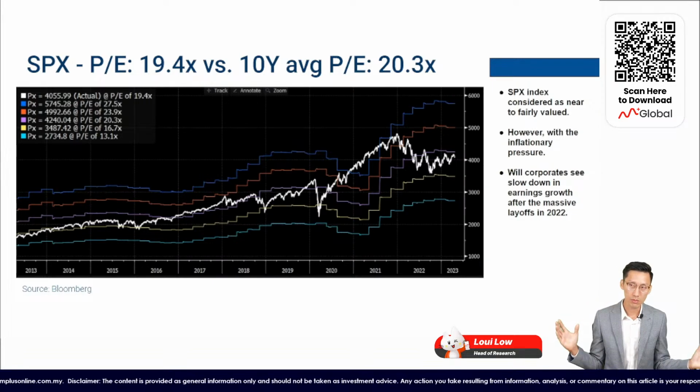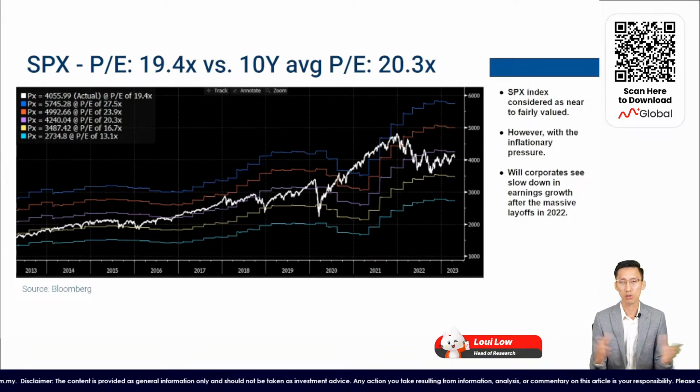So when you buy into the stock market, what should you be thinking? First of all, I think it is the PE ratio. This is very important because it will tell you whether you are buying at a more expensive price or at a discount. At this current moment, the S&P 500 is at fairly valued levels, because the current PE is about 19.4 and the long-term 10-year PE is about 20.3.